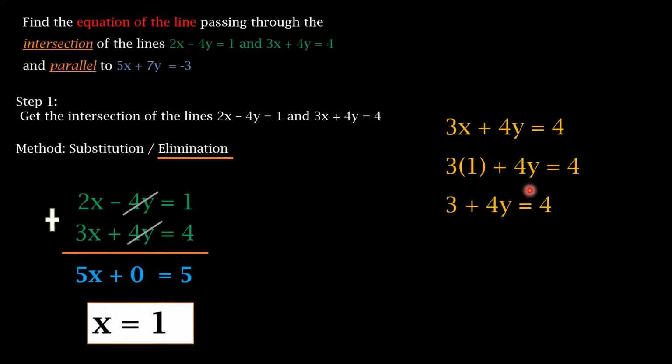Then we combine like terms. In this case, we subtract both sides by 3, and we come up with 4y is equal to 4 minus 3. Simplifying, 4 subtracted by 3 is 1.